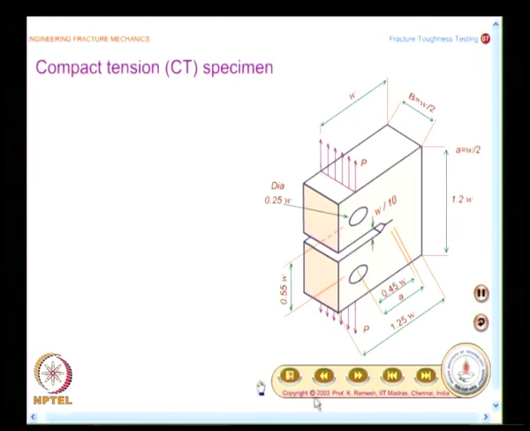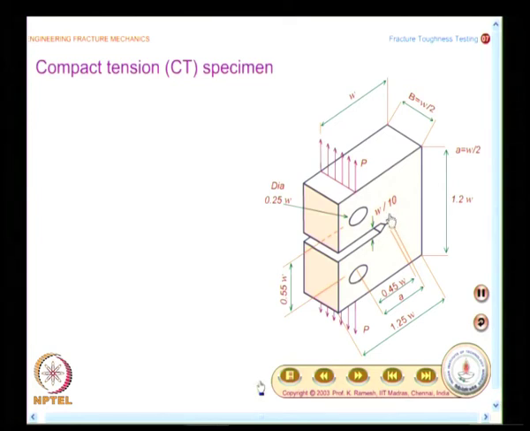This figure shows how a compact tension specimen looks. You can make a 2D sketch of this, and what you have here is the thickness given as W by 2. If you look at how the crack is measured, it is measured from the load application point to the end of the fatigue crack.